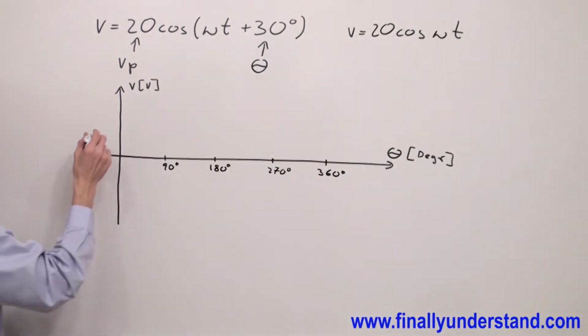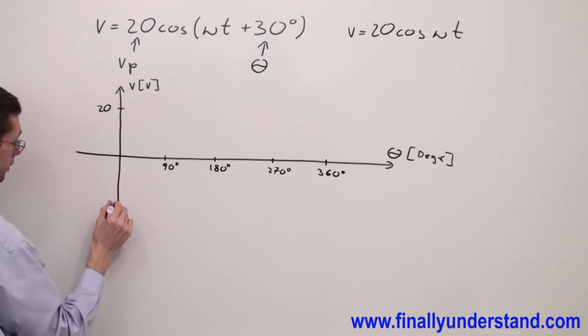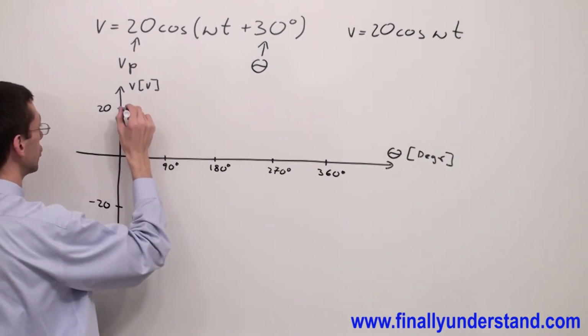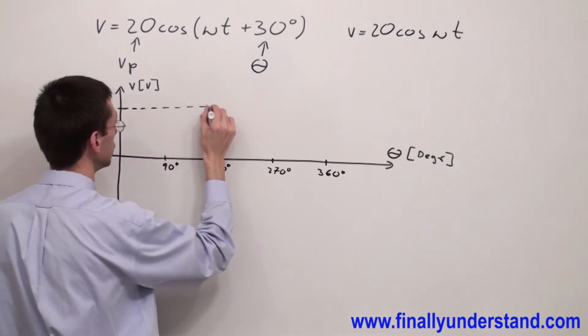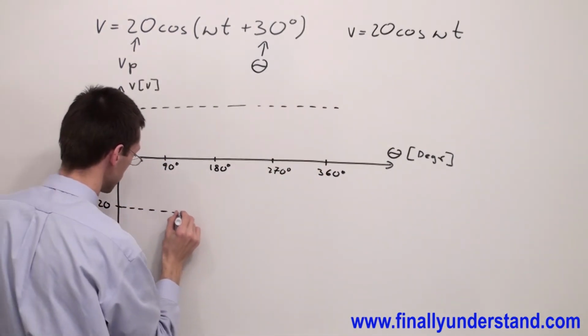I have voltage peak 20 volts. Negative is going to be minus 20.